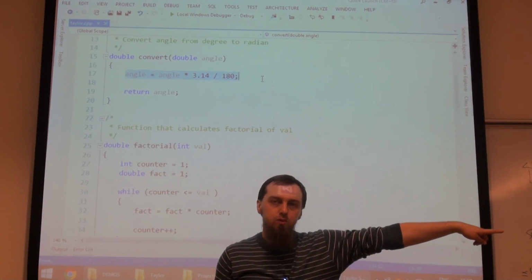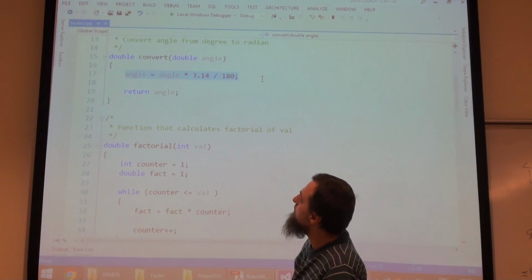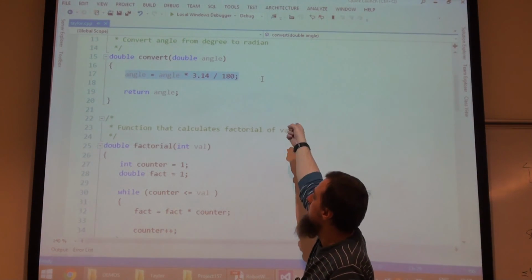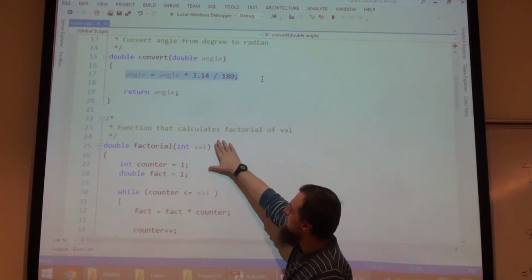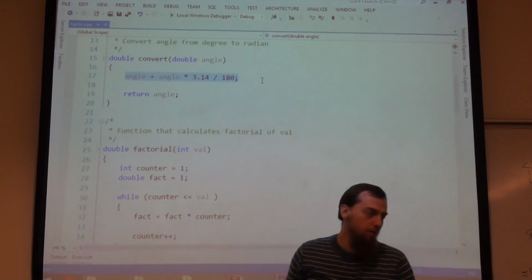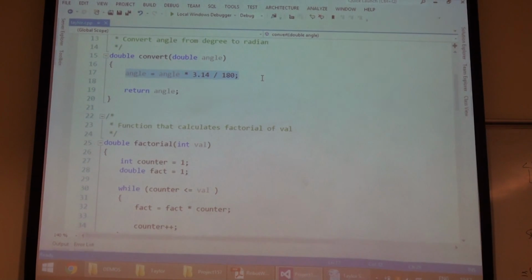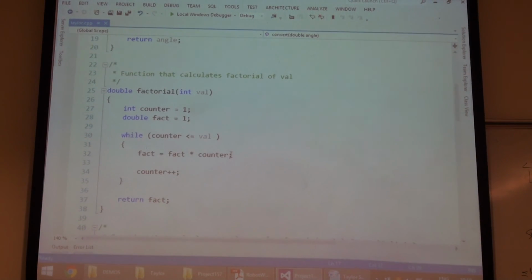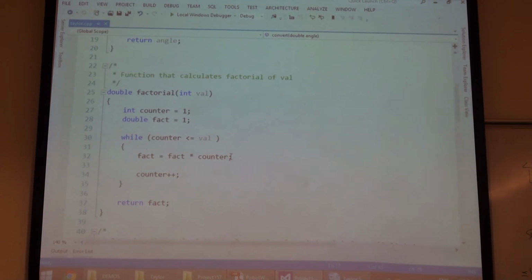So this is converting from degrees to radians. Now this is the function that is going to calculate the factorial. Basically, this is something that we saw earlier, same as calculating the product from 1 to n. Okay, this is a factorial.